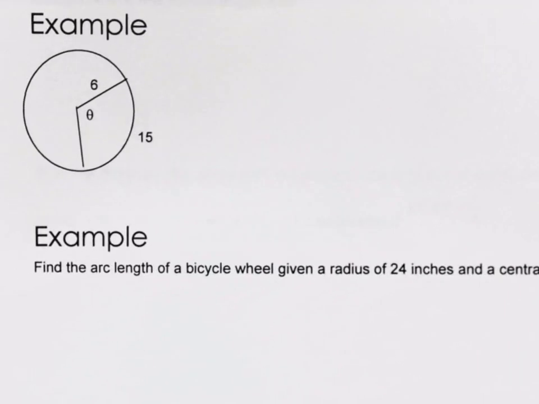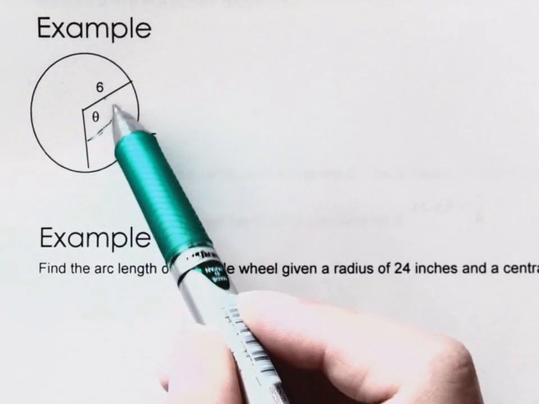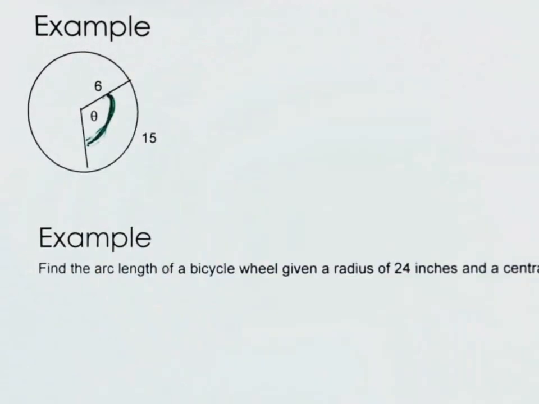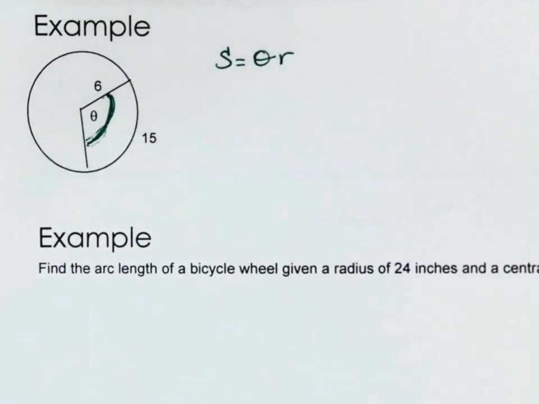In example 1, we're going to calculate theta, this angle measurement. We're just going to use the formula and fill in what we know. Again, this formula is located on your formula sheet, and it'll be provided at the provincial exam.